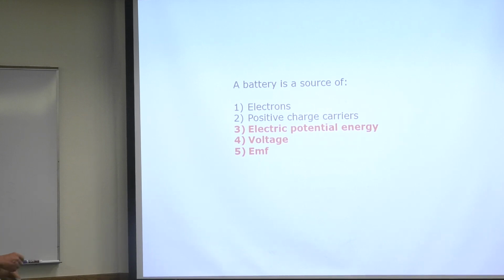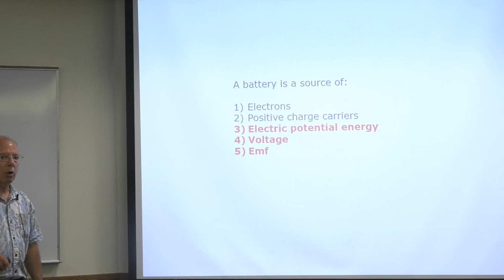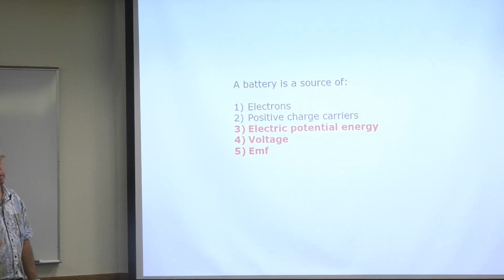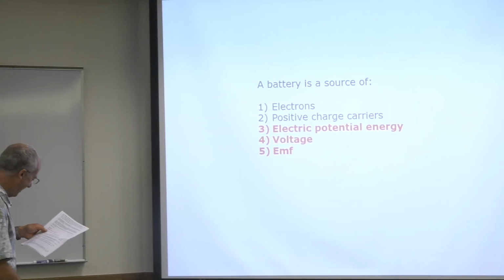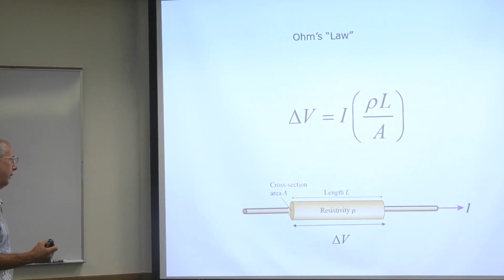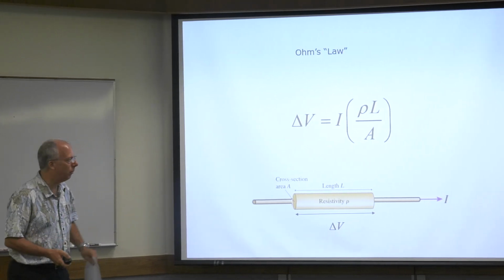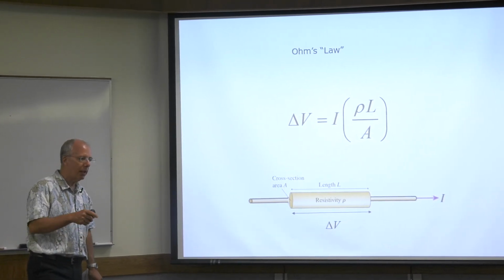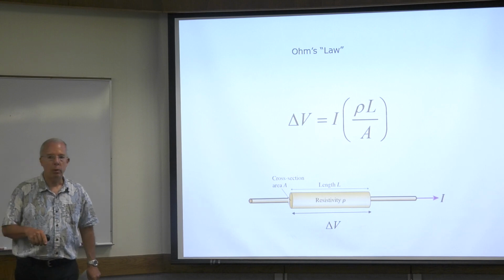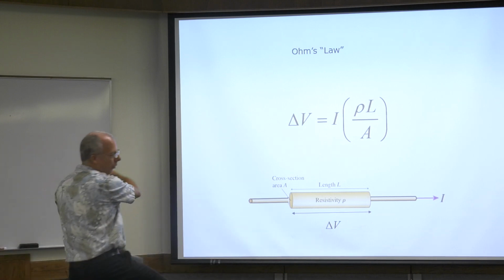All right, now we're going to learn the most important equation in all of electricity. It's called Ohm's law. It's kind of funny because it's not really a law, but we don't care about that. So here we have a real wire. When we talked about wires in the past, like when I drew my circuit diagram, we assumed that there was no resistance, that the charge carriers just sped right through those wires.